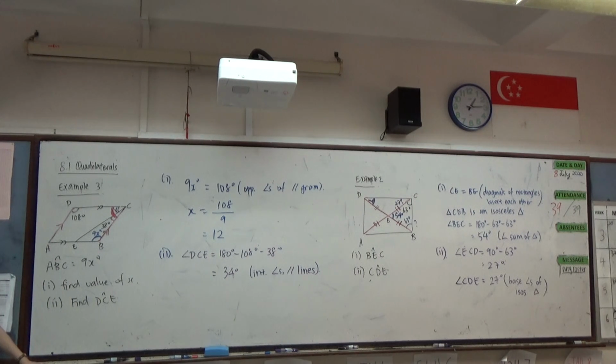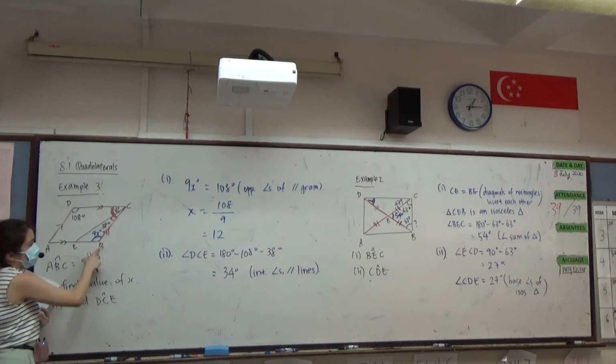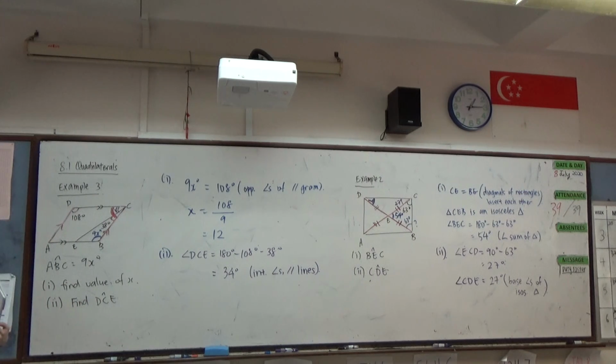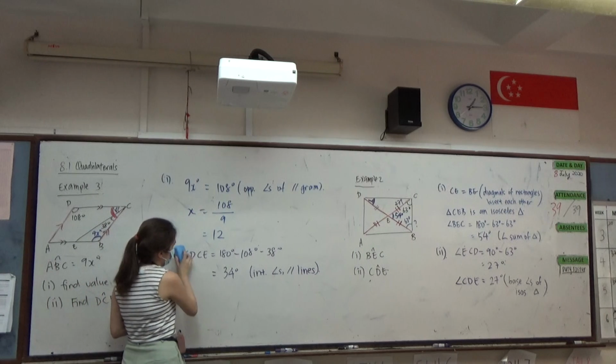The bottom one is 108. Why is this one 108? No, DCB. Is it 108? No, this angle here, let me just rewrite this.